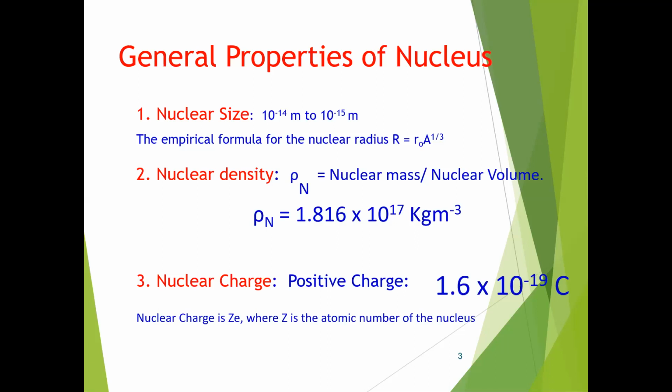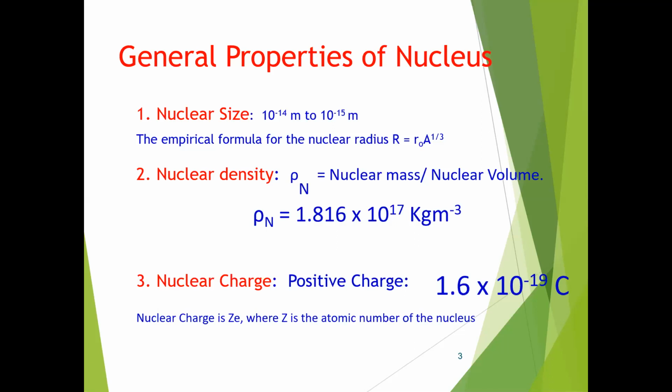And for the volume, if we assume that the nucleus is spherical, we can calculate the volume of the nucleus by 4 by 3 pi r cube.